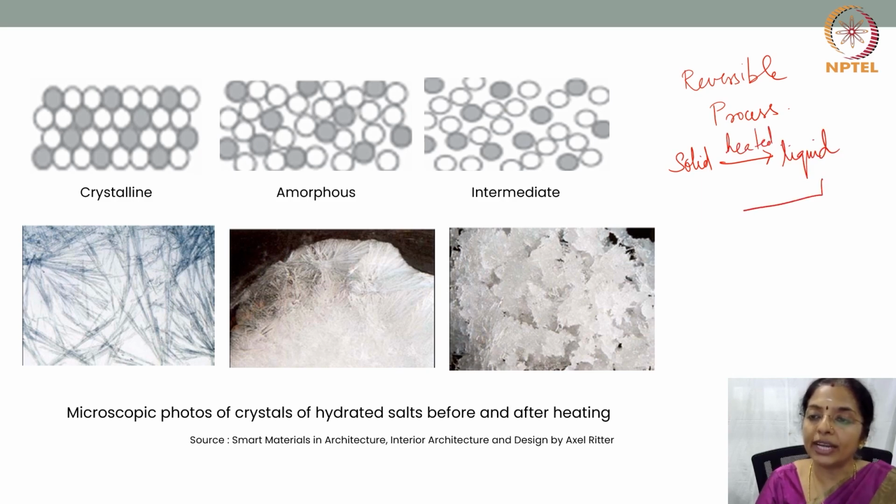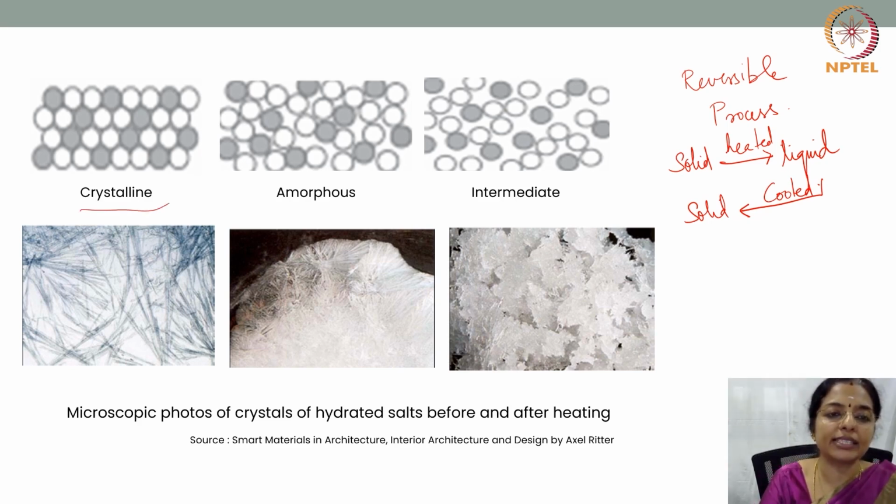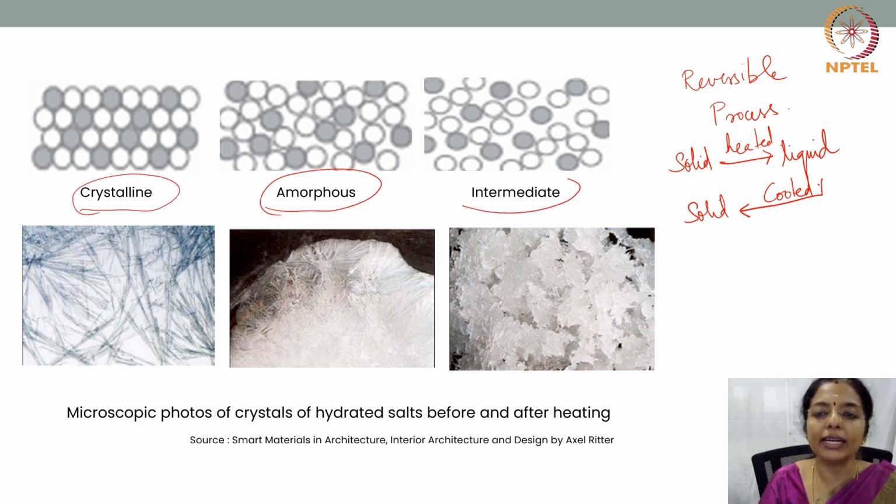And from liquid, it again becomes solid when it is cooled. So this cycle keeps on happening. And just to show you how it would look, I have put this. It can be in crystalline form, amorphous form, or an intermediate form.